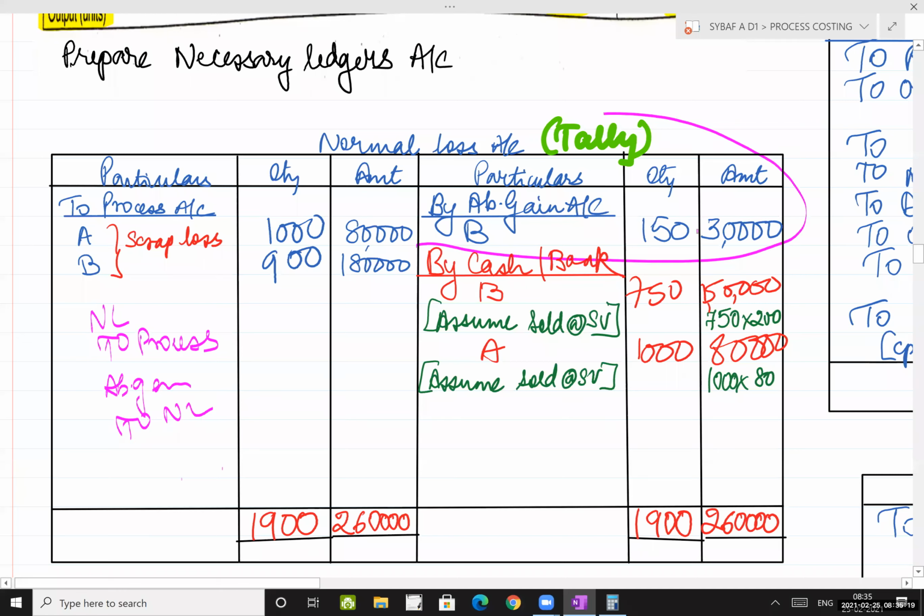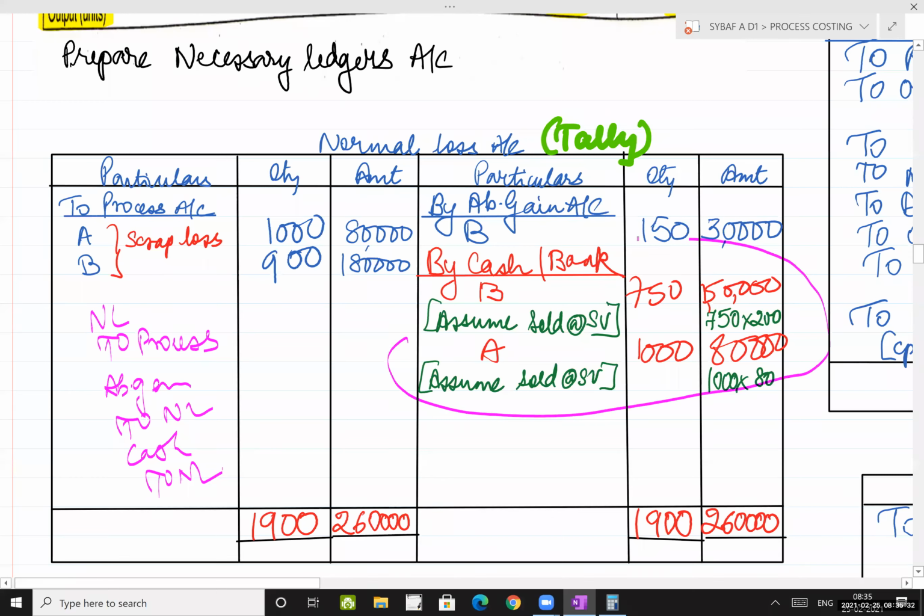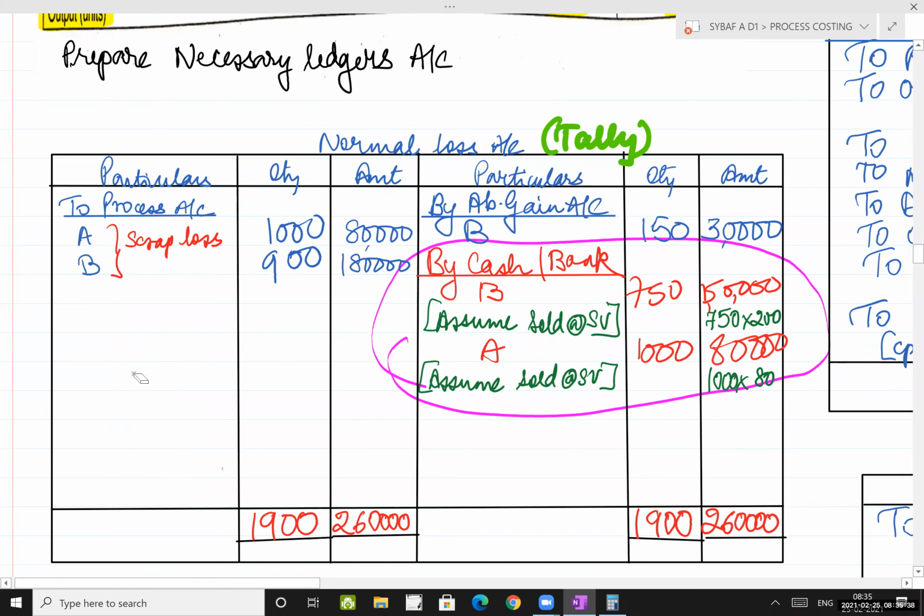This one. Which is also second effect from abnormal gain account. And then cash to normal loss, which is here. ये रहा. समझा अभी? समझ में आया?